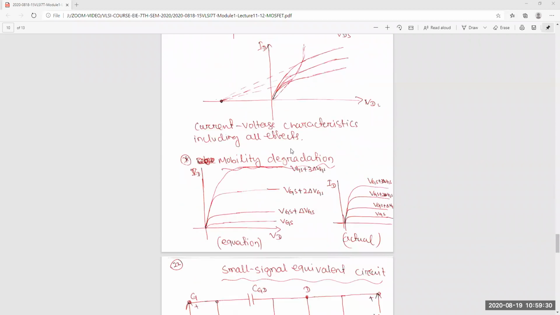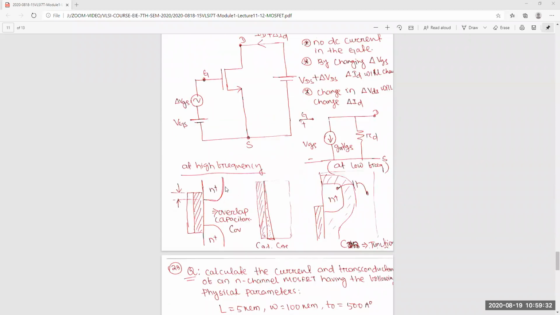So these three types of capacitance, you can again see at high frequency. First of all, this is your source, this is your drain. During fabrication, this overlap region generally happens. This is your oxide, this is your gate.